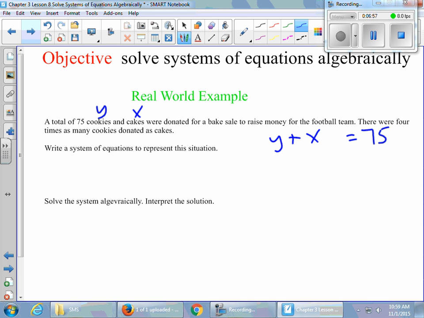So we have 4y, which is our 4 times cookies, equals our cakes. Whoops, that's not right.